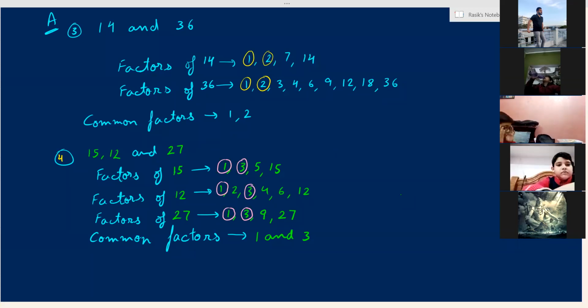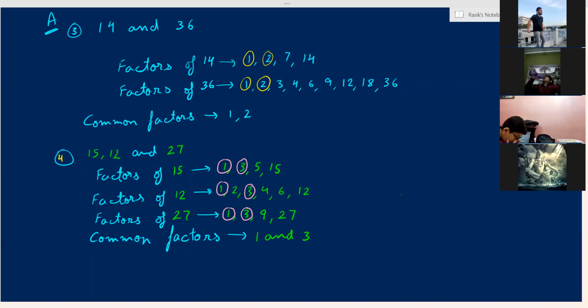Sir, I am asking that whenever we have to find the common factor, we have to start the factors with number 1.